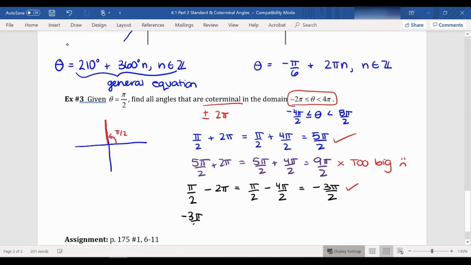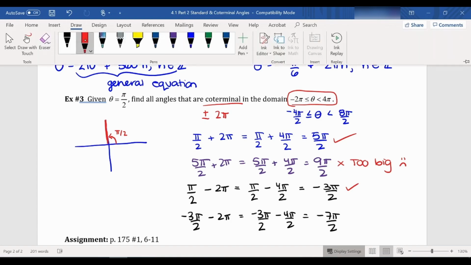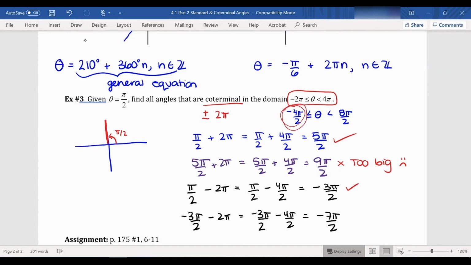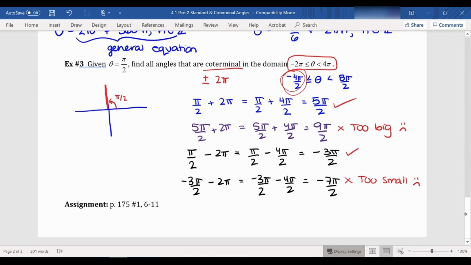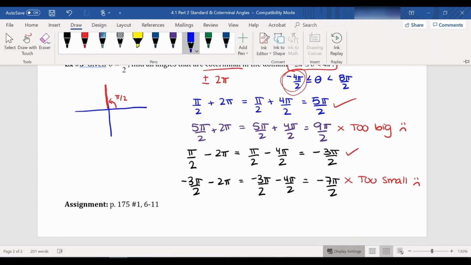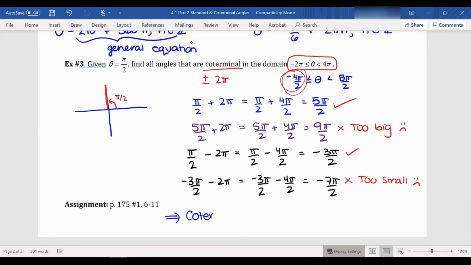Now, if I subtract another circle from this, I get negative 3 pi over 2 minus 4 pi over 2, which is negative 7 pi over 2. And that doesn't work. I'm only allowed to go down to negative 4 pi over 2 here. So this is too small. Okay. So my only coterminal angles in this domain are 5 pi over 2 and negative 3 pi over 2.